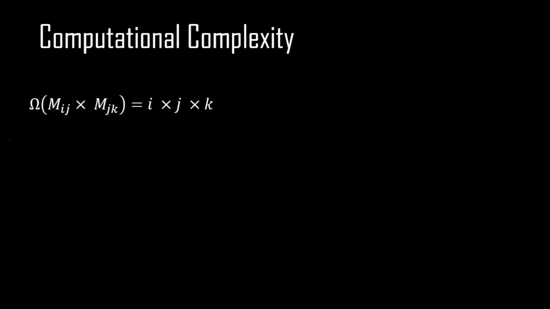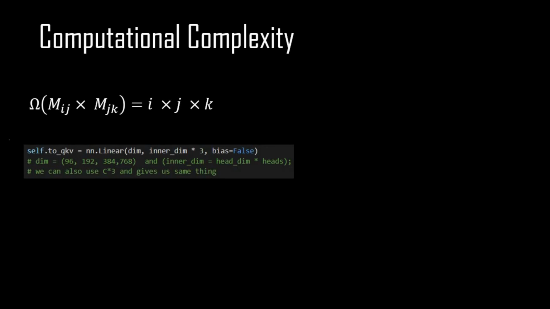If I have two matrices and the size of the first matrix is i by j, it means I have i rows and j columns, and the second one has j rows and k columns. The time complexity of that is going to be i times j times k. Considering our code, first we had a linear layer just to get our q, k, and v.